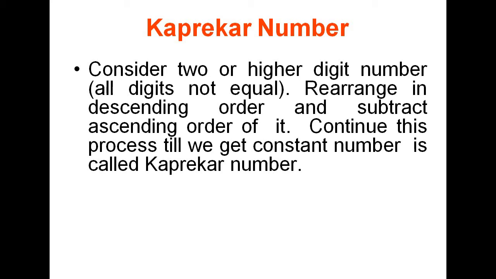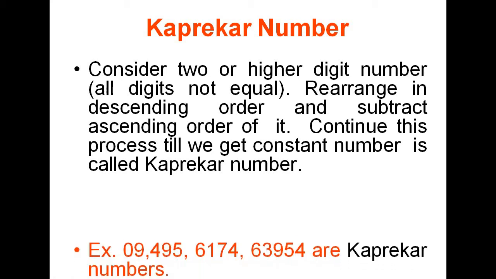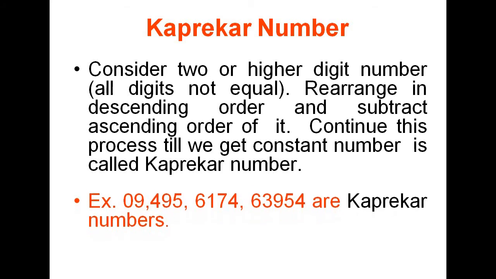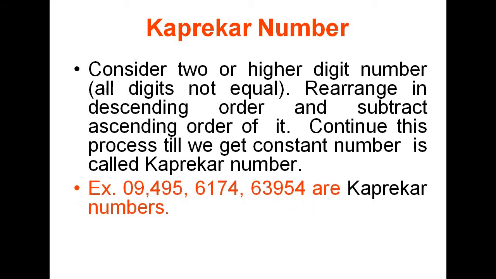Here you can take any example for 2 digit, 3 digit and so on. Surely we get one fixed number when we do this operation, that is, arranging the number in descending order and subtracting the ascending order. I will give a few examples here: 09, 495, 6174, 63954.